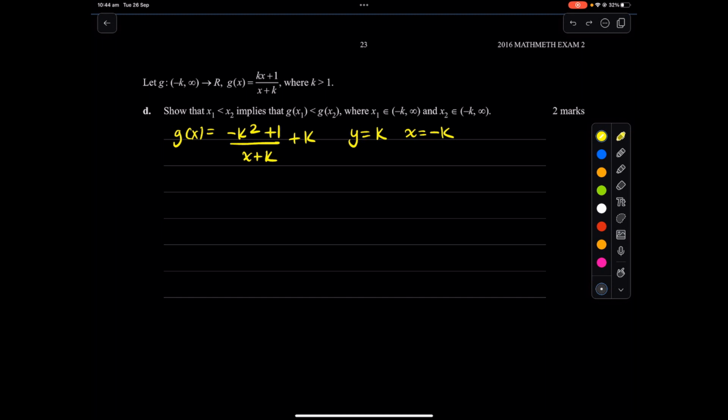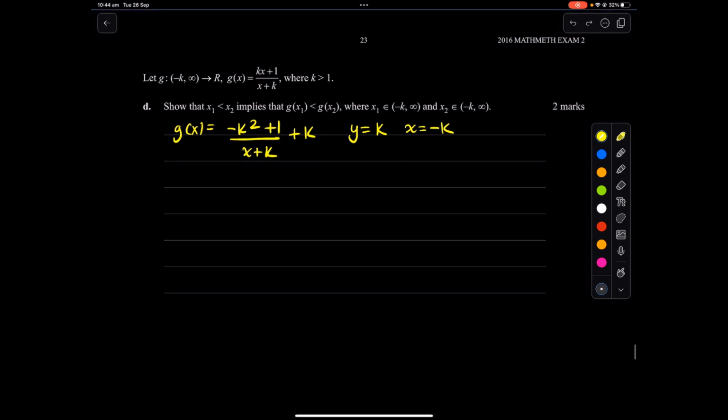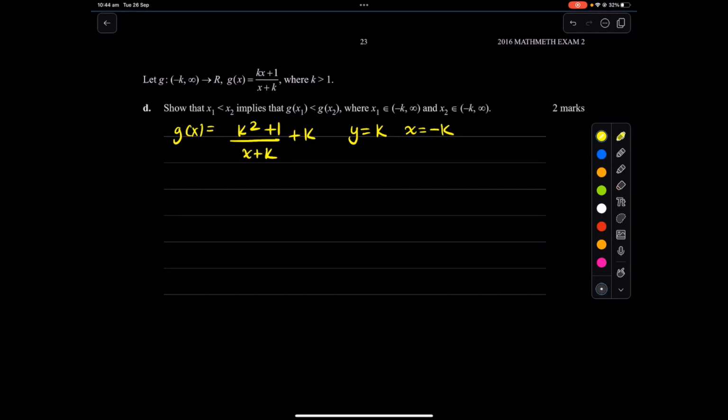Because of this negative, if I take that negative out to make my life easy, this will be negative. What do we know? We know that k squared minus 1 must be greater than 0, because remember that k is greater than 1.